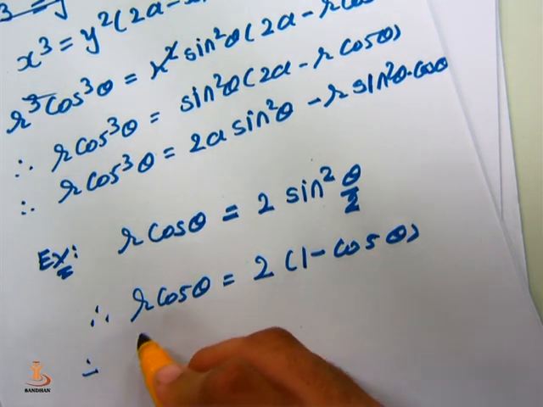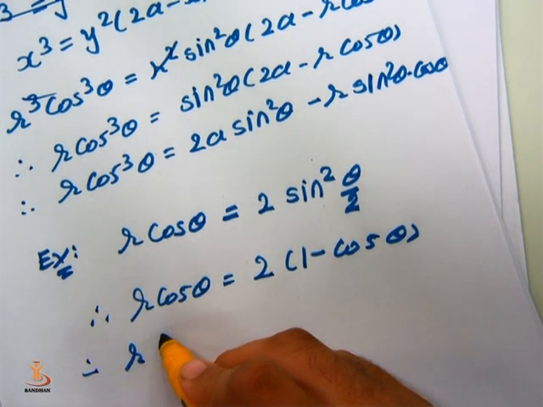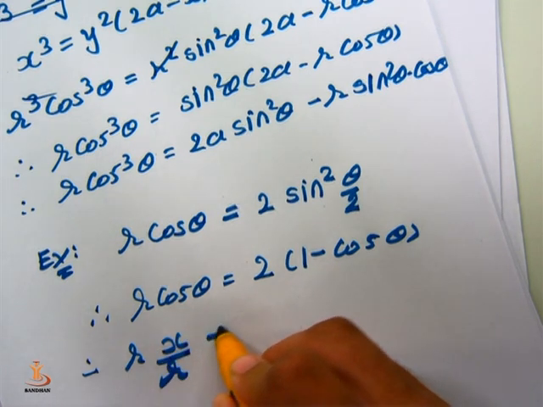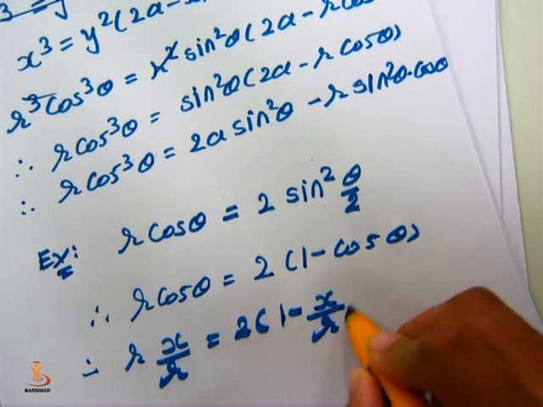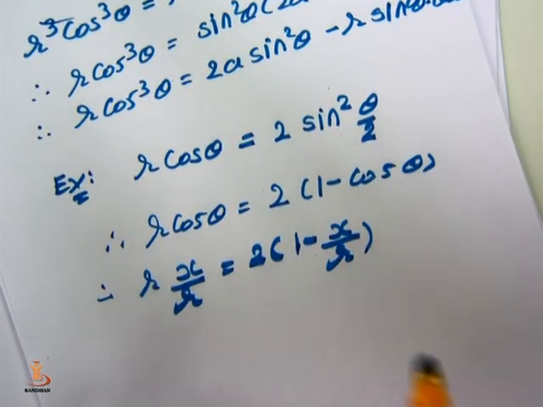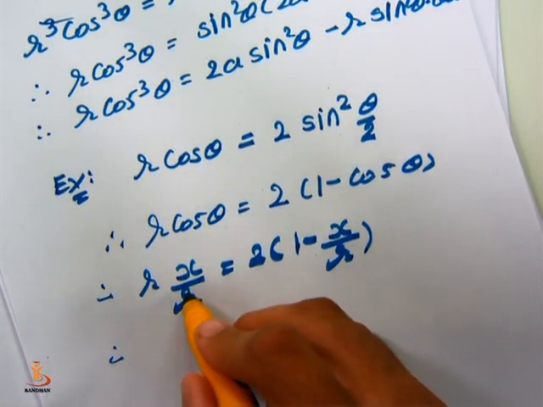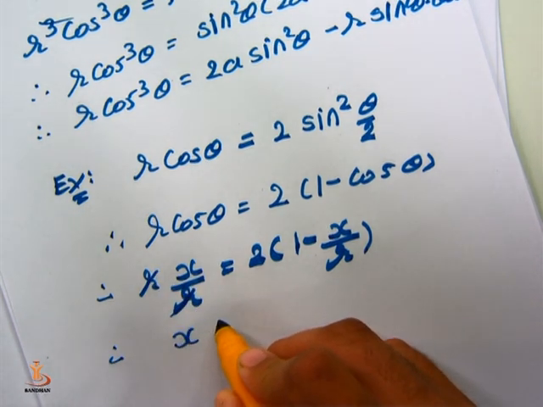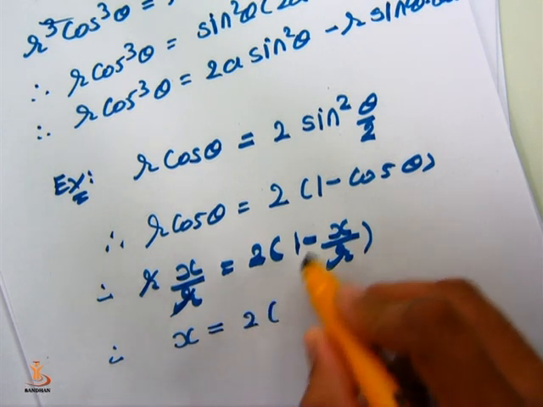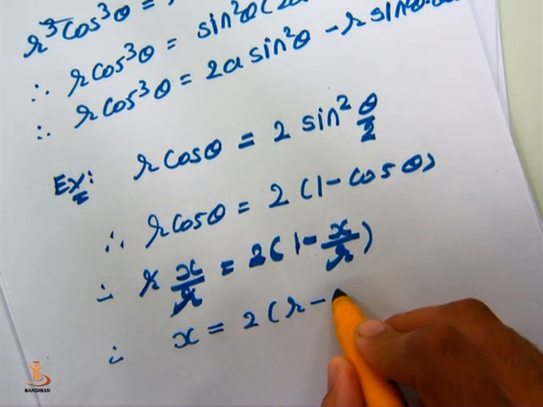So now we can replace r cos theta as x, and the right side becomes 2 times (1 minus x upon r). So r will be cancelled from the left hand side. You can take r as an LCM.